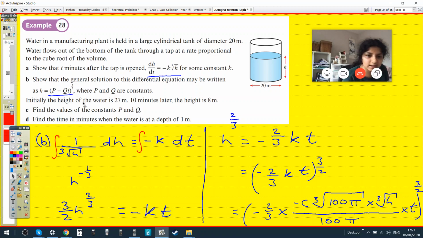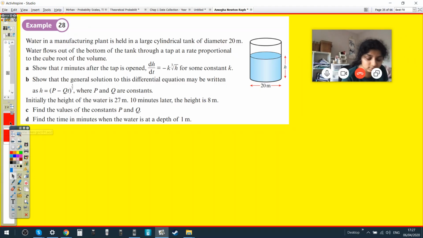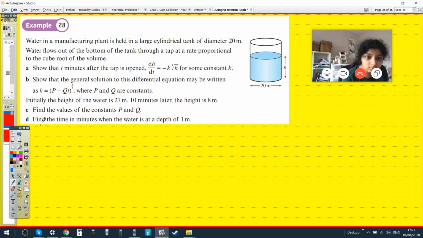Find the values of P and Q. How do you do that? So initially the height of the water is 27. Oh, so when T is equal to 0, H is equal to 27.